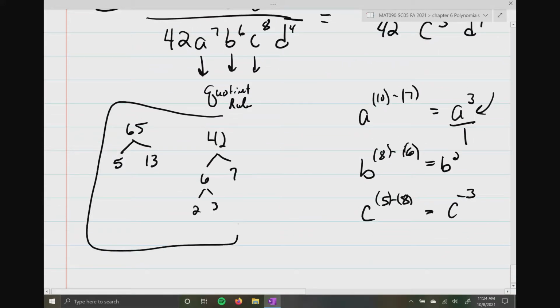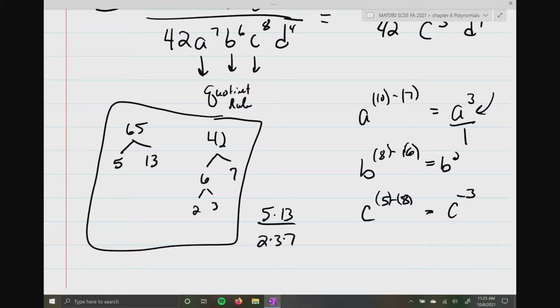Take the extra 30 seconds, write out the prime factorization of each, and if you see numbers that are the same in the numerator and denominator, scratch them out. If there are no numbers that are the same, then you know 65 over 42 is already completely reduced. There's nothing you can do with that. Sometimes, when we're reducing fractions, we either A, don't even know if we're done reducing, or B, the numbers are so large that you're like, I'm not even going to try it. Now you've got a foolproof method. You will see when it's done. Good?